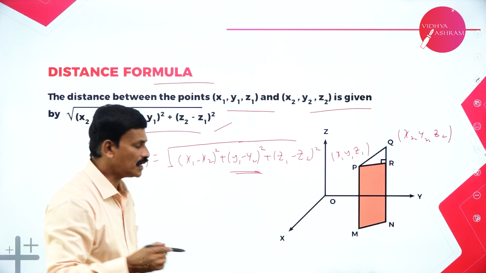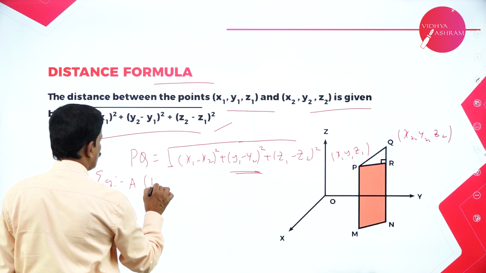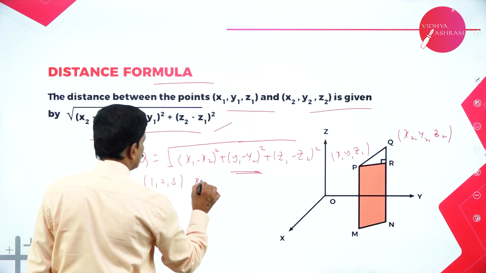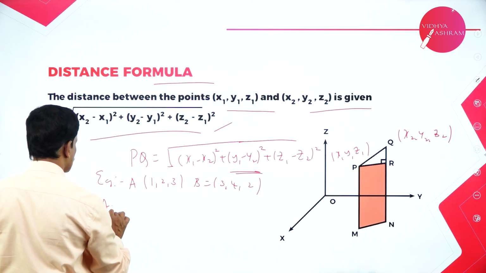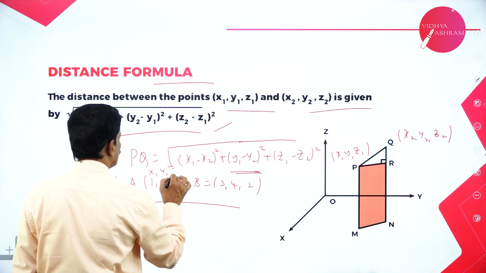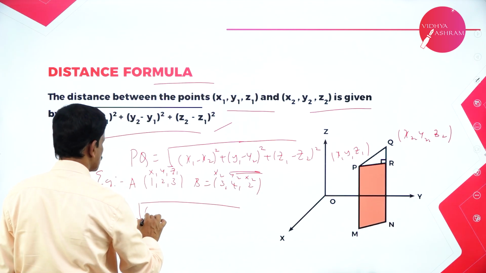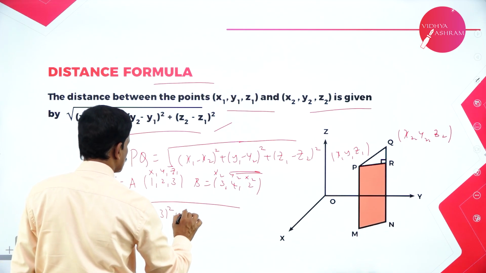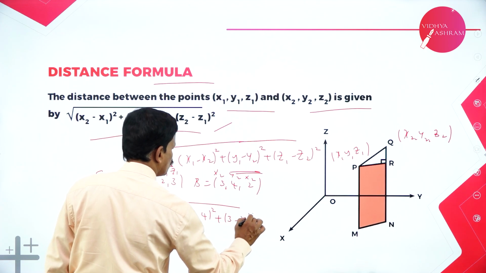So, for example, let us take an example. If A is equal to 1, 2 and 3, another point B is equal to 3, 4 and 2, then the distance between these two is given by AB is equal to root of, this is x1, y1, z1, x2, y2, z2, x1 minus x2, 1 minus 3 whole square plus 2 minus 4 whole square plus 3 minus 2 whole square.